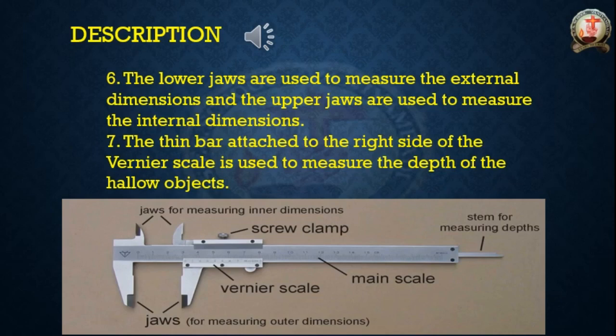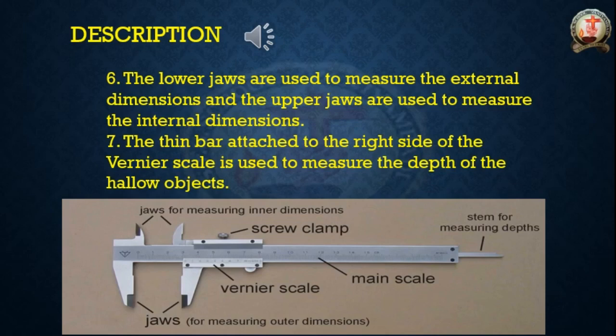Actually, in this point I clearly mentioned, the lower jaws are used to measure external dimensions and the upper jaws are used to measure internal dimensions. You can see in the figure, I mentioned the names: upper jaws for measuring inner dimensions, and lower jaws for measuring outer dimensions.